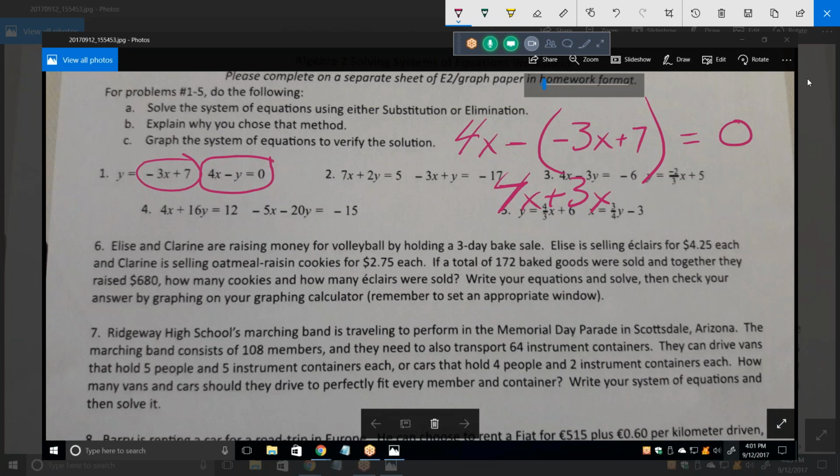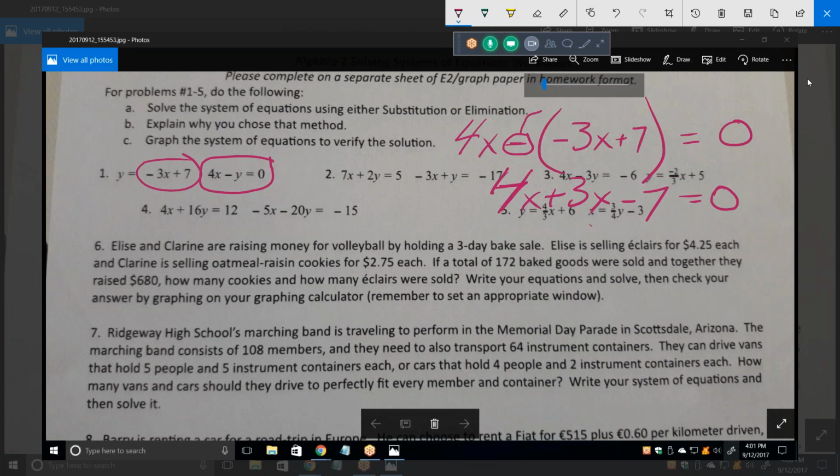Hold on. That negative sign, the reason I put the parentheses in there was because that negative sign has to apply to everything inside the parentheses. Always. Okay, so negative 7 equals 0. Simplify further.